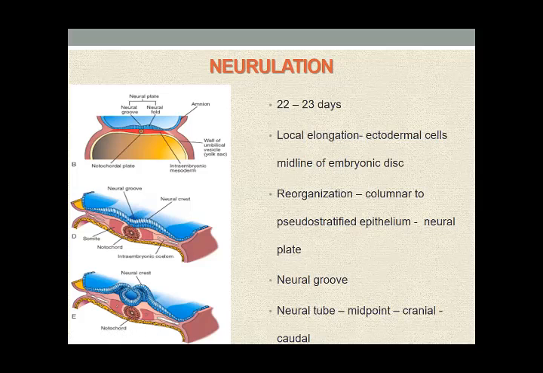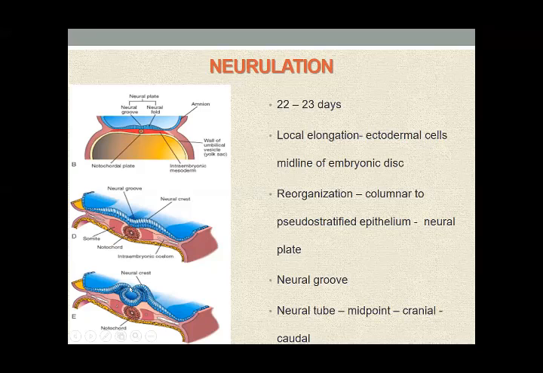Now, as neurulation proceeds, a small depression appears in the midline. This elongated depression is called the neural groove. The margins of this groove approach each other, and it results in the formation of the neural tube.